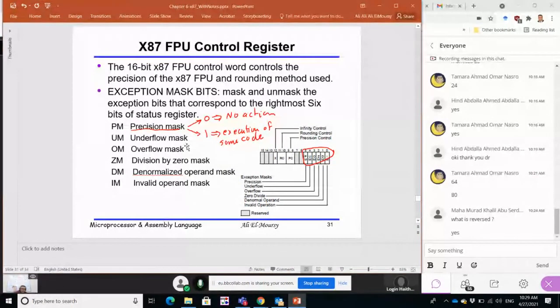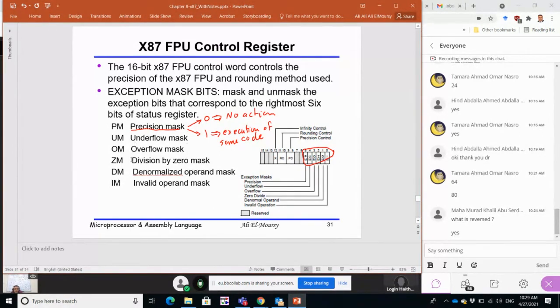I am representing a number smaller than the smallest number that can be represented in the representation that I have. So me as an end user, do I want to know about that or not? It depends on my configuration.